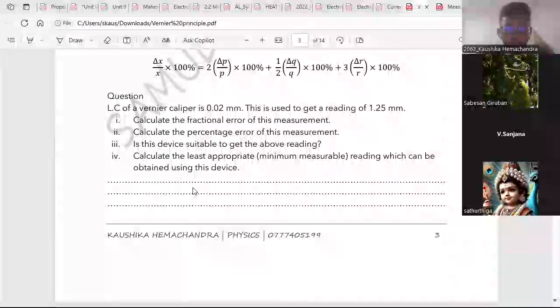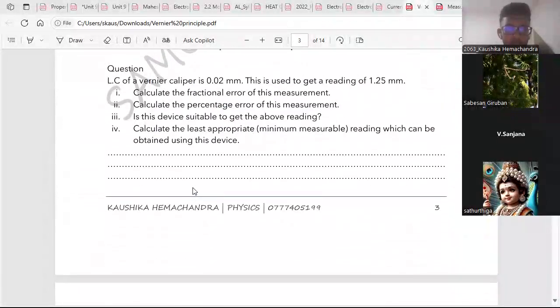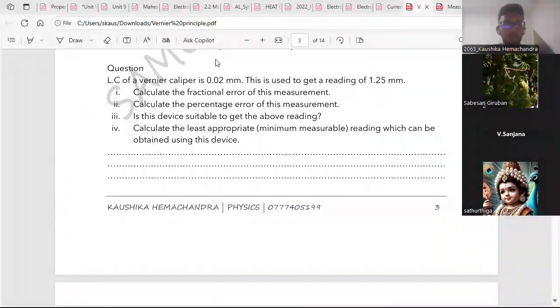Okay, we'll do this question. Then we will go into our most basic instrument that we know, the meter tool.